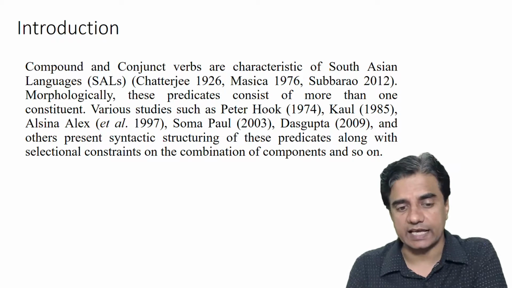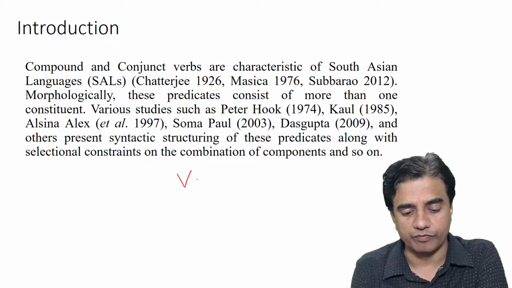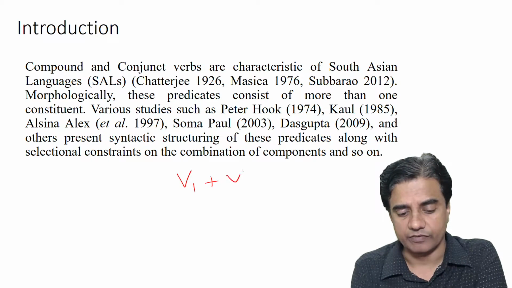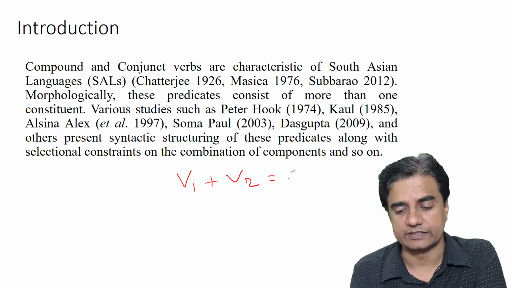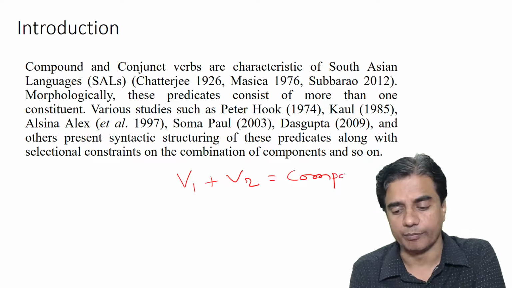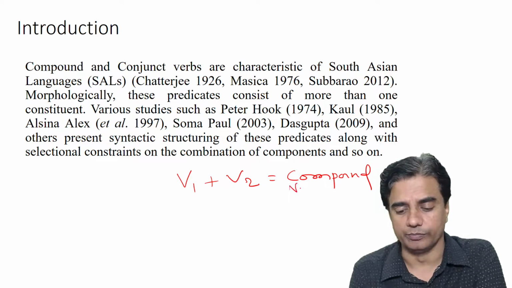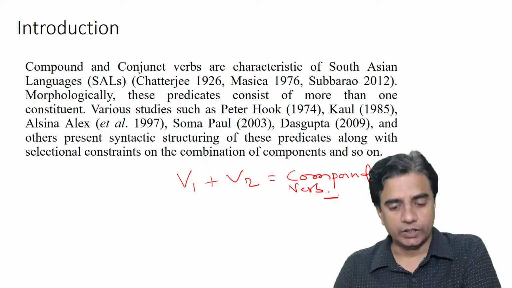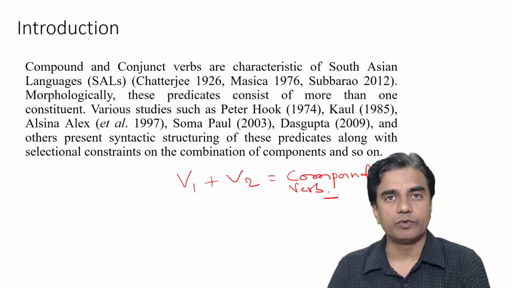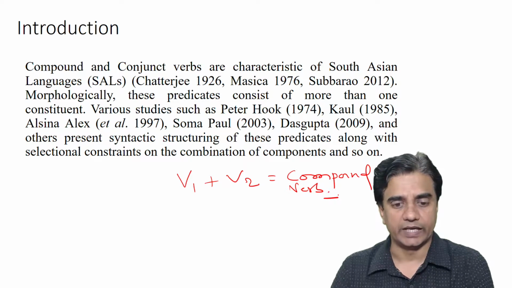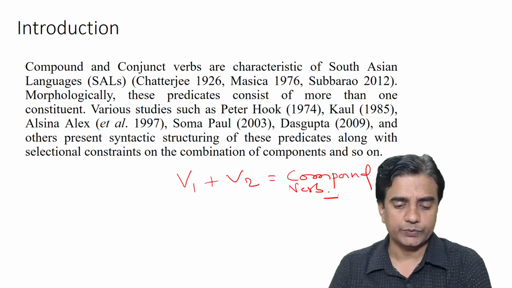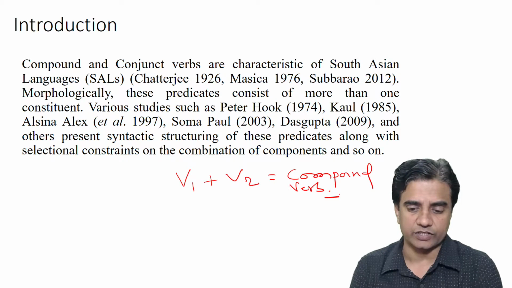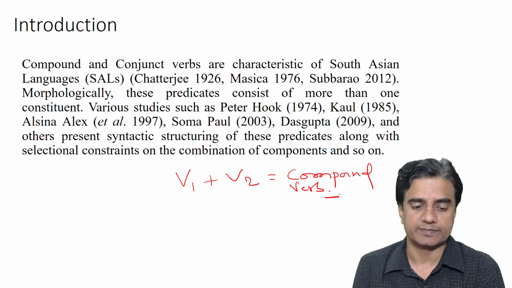So in this case, we have V1 plus V2, and this becomes a compound verb. We will look at both of them in a moment. And this is also part of the complex predicate.